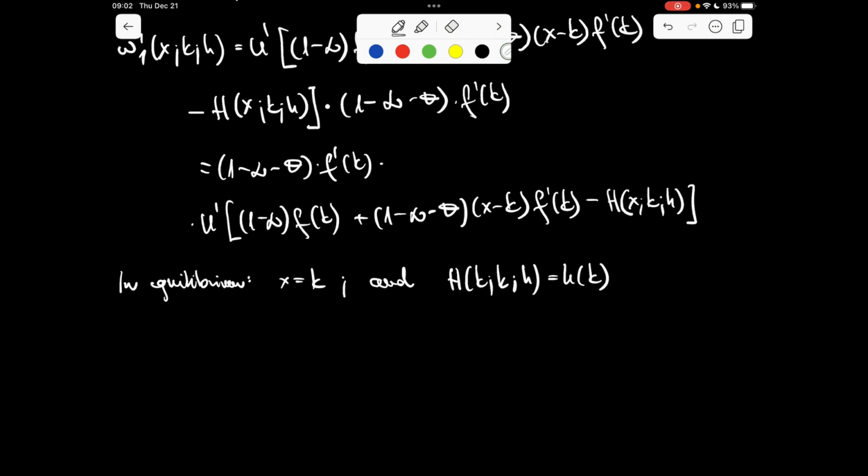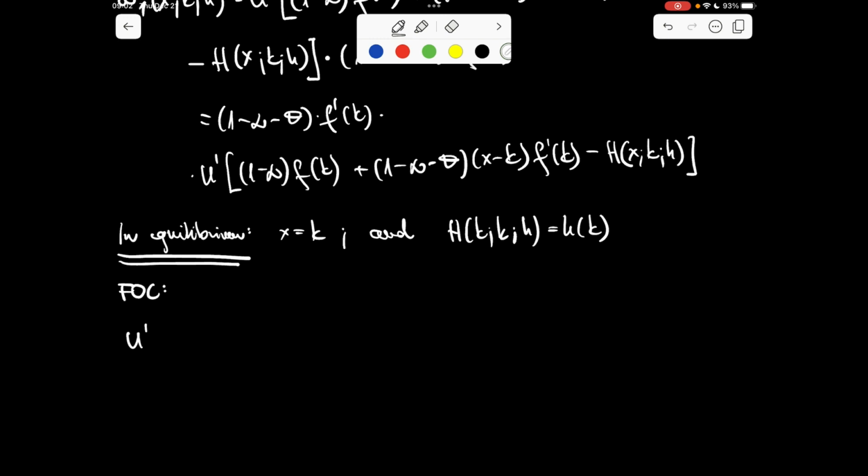So the first order condition in this case, in equilibrium, I mean, in this case we have this first order condition.